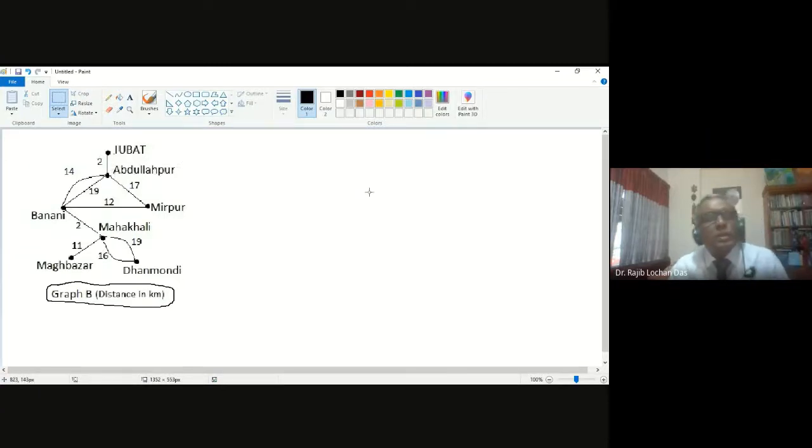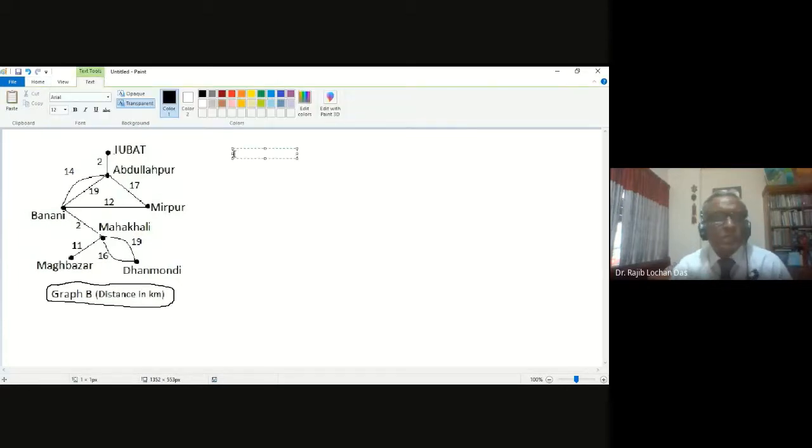So we will find out the path which will be shortest, and the starting point will be IUBAT, and the ending point will be say Dhanmondi.